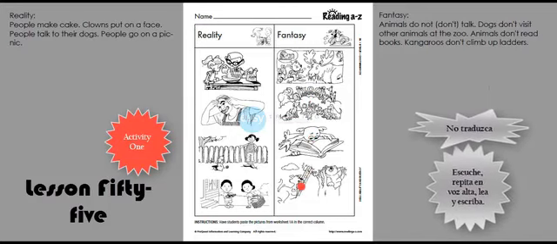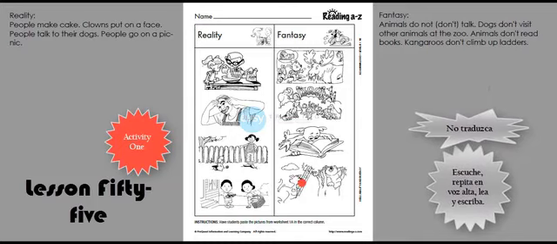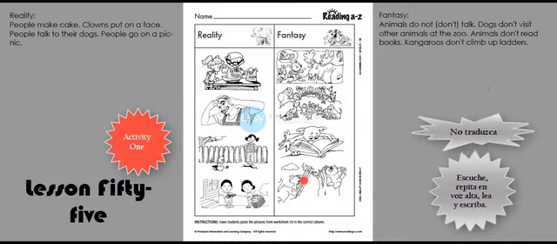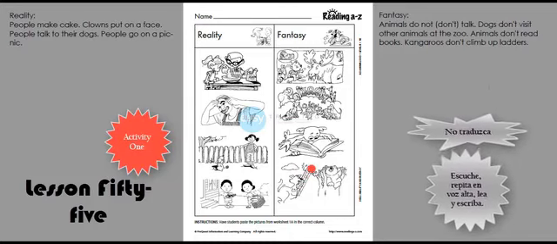Kangaroos don't climb up ladders. Practique esto una y otra vez. Y así usted lo irá fijando en su cerebro, en su mente. Y cuando menos piense, usted estará hablando inglés de una manera espontánea y fácil.